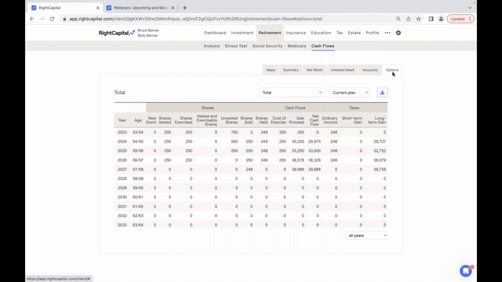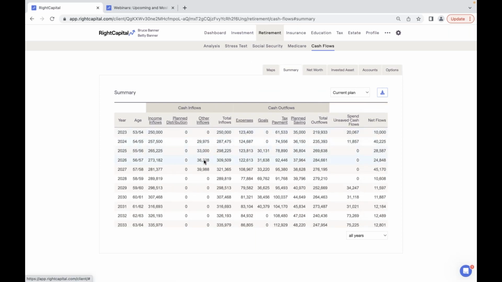And then, of course, for restricted stock, we'd be able to see just the vesting and potential liquidation over time. So this is just a great way to see different stock plan grants and how they track over time. And when there are sale proceeds that are taxed at ordinary income or long-term cap gains, we'd be able to see that again flowing through into the cash flow summary as needed.